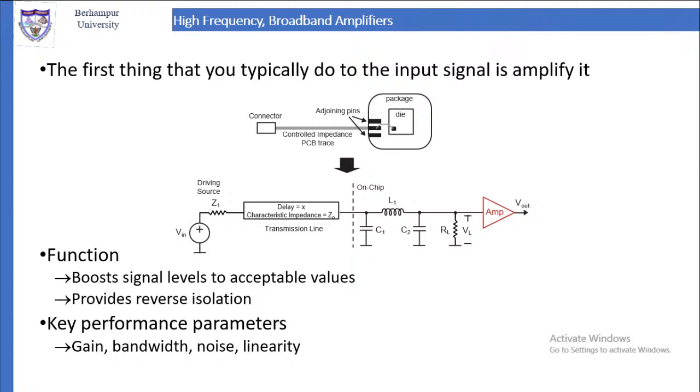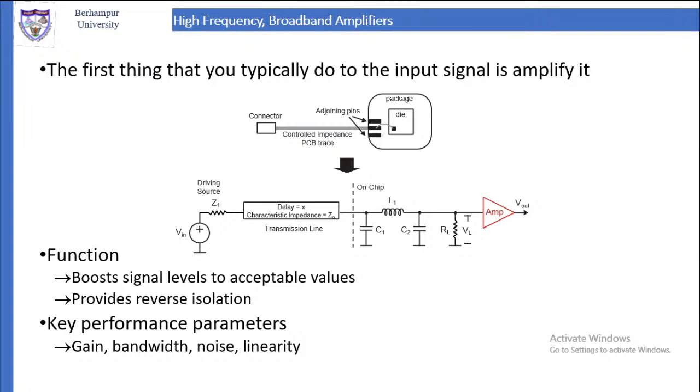But the trace has a characteristic impedance, which is Z2. Now this trace is equivalent to a transmission line. So you have a transmission line after the driving source impedance Z1. That transmission line is connected to the chip.